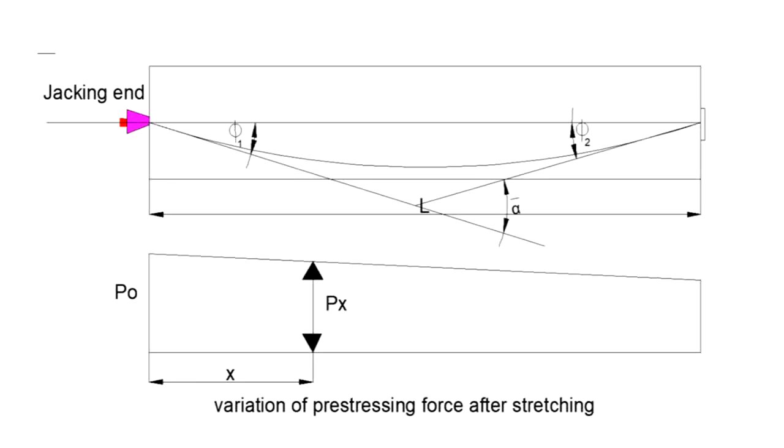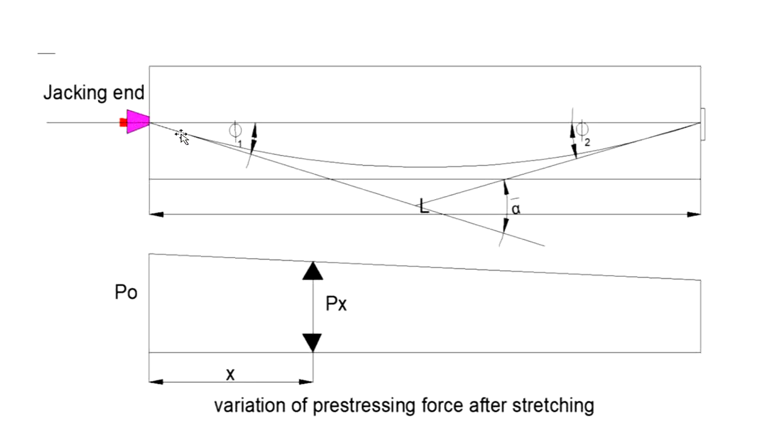Then how to calculate this? See here, the first figure shows a concrete beam with a parabolic tendon. It is stretched from one end. You can see a jacking end, and at the other end the plate is fixed. Since the cable is parabolic, the slope will be maximum at the ends.